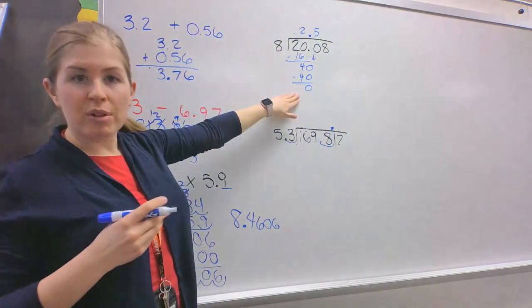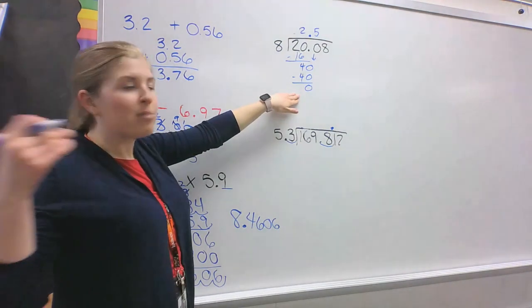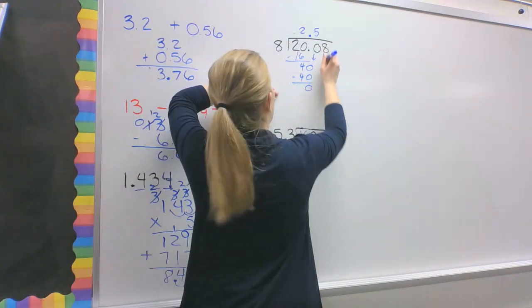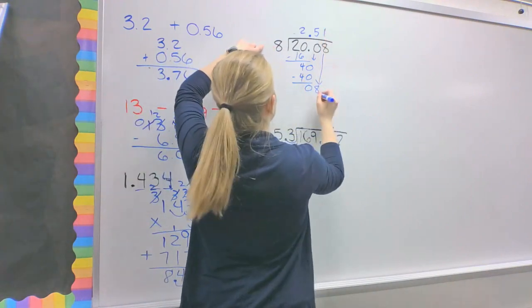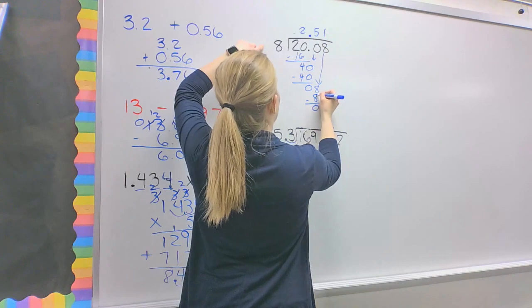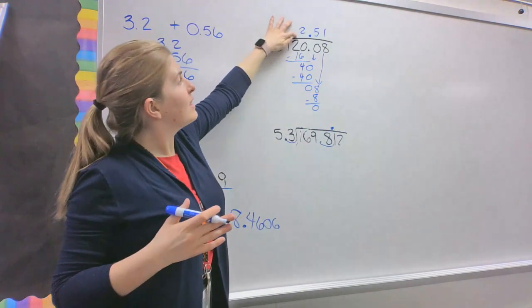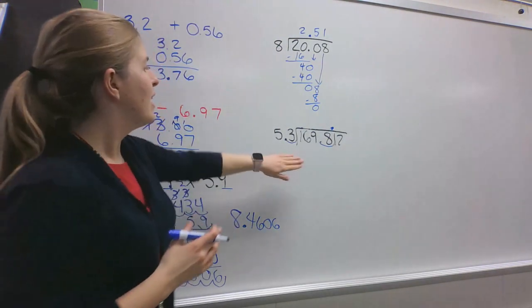And even though we've ended up with a 0, that's sometimes how we've learned, that's how we know when we can stop dividing. We still have another number, so we have to bring that down. 8 goes into 8 one time. And now we have finished with nothing left over. So our final answer is 2.51, 2 and 51 hundredths.